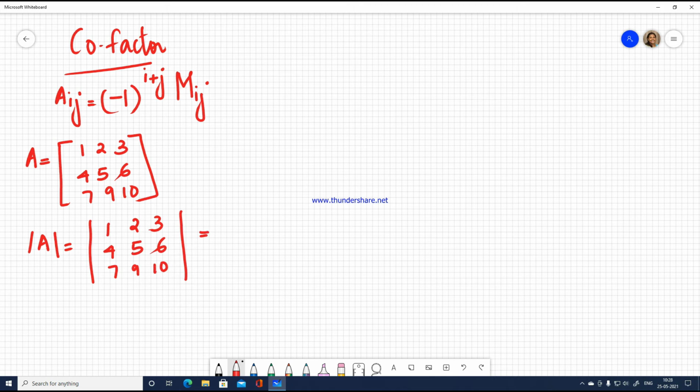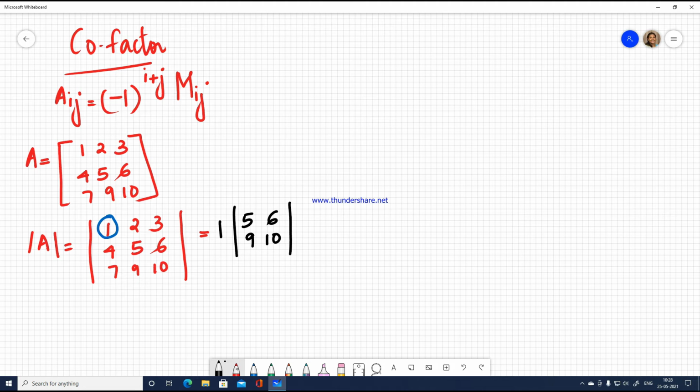How are we going to evaluate? I'll take this element 1, which is in the A11 position. I'll cover the row and the column containing this element. So it is 1 into the determinant of 5, 6, 9, 10.